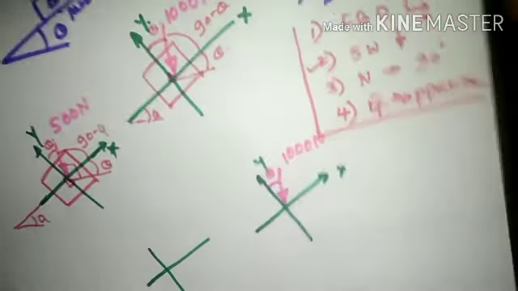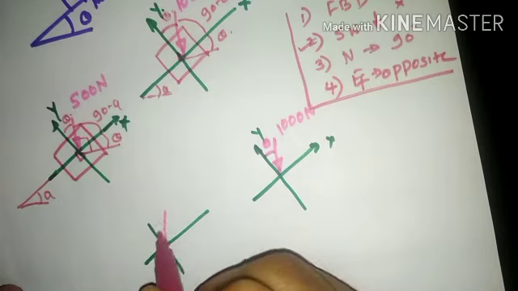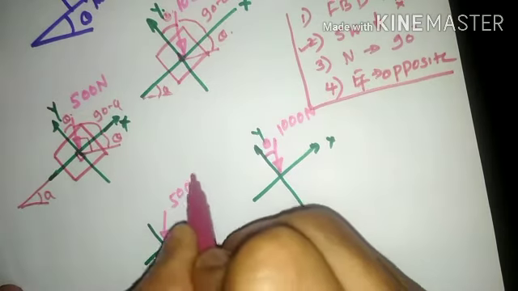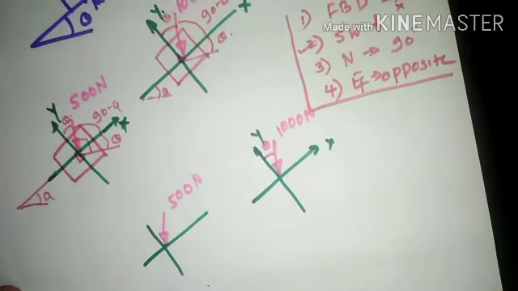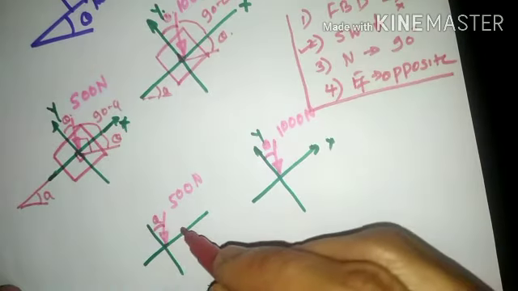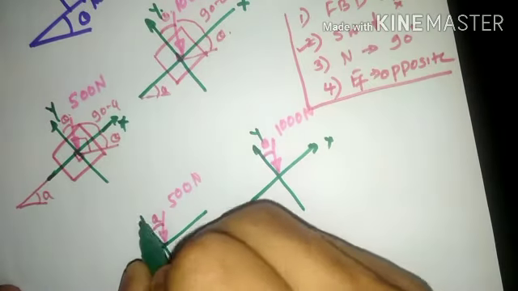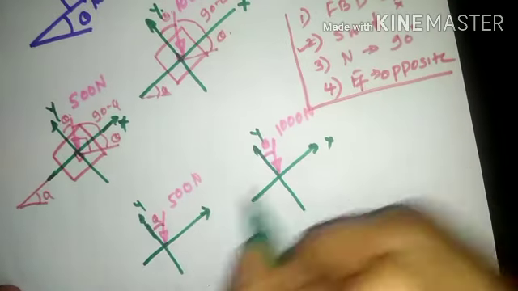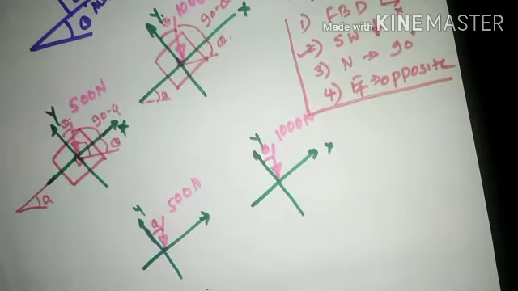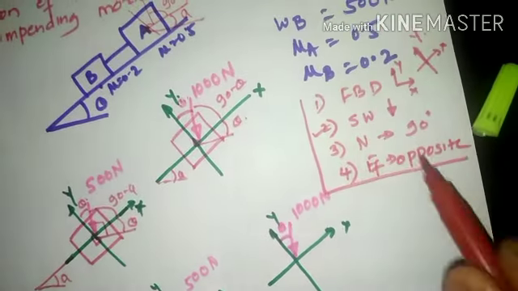Then 500 Newton force downward, and this angle will again be the inclination marked as theta. Same, only the change here is that you don't have a block, you are marking only the force directions. So this direction will be called the y-axis, and this will be called the x-axis. So self-weight will always be in the vertically downward direction.